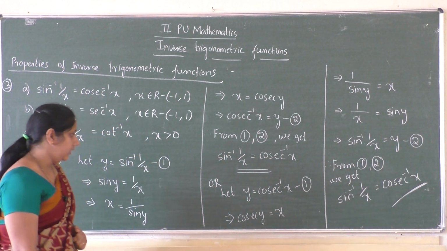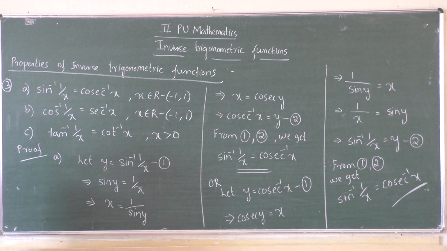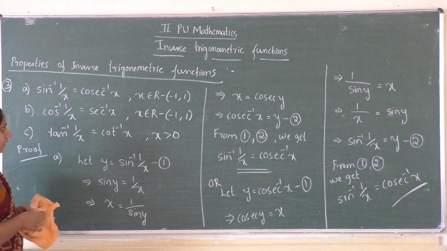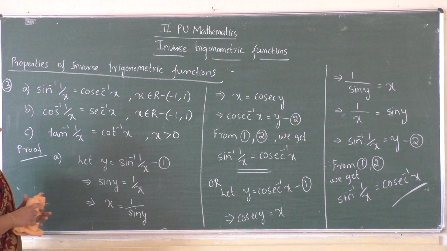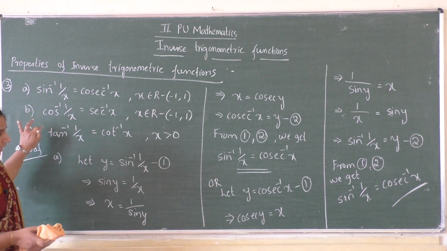Either do the first one or second one, both are same. So this is the proof of first property under third one, that is sin inverse 1 by x equal to cosec inverse x, where x belongs to R minus open interval minus 1 to 1. Similarly, we have to prove the second and third.